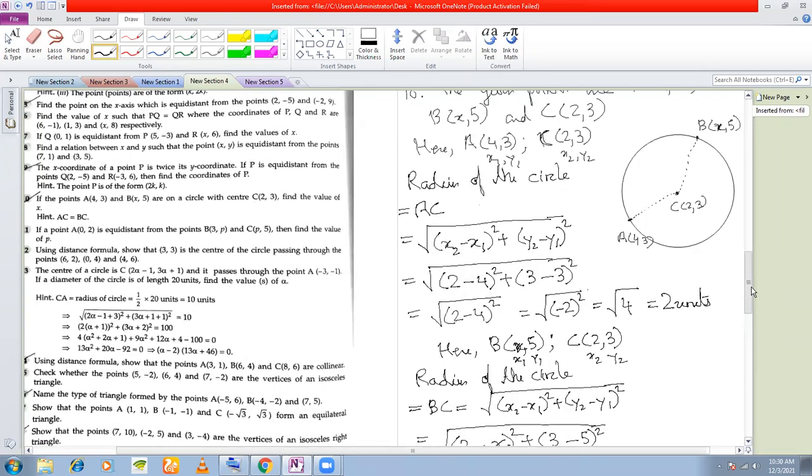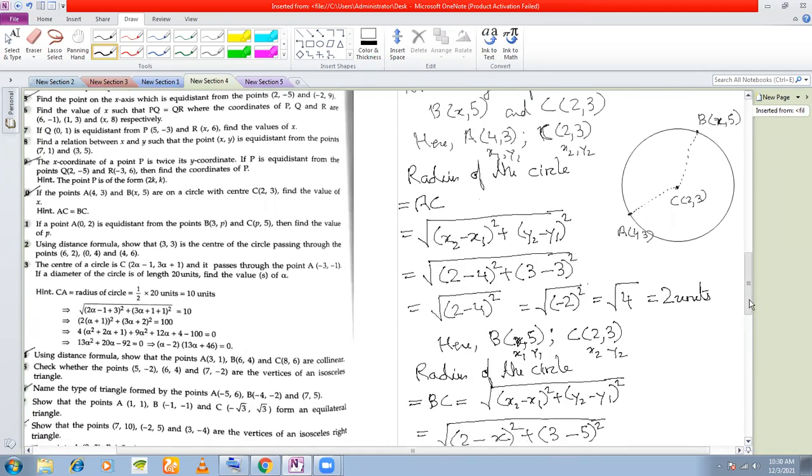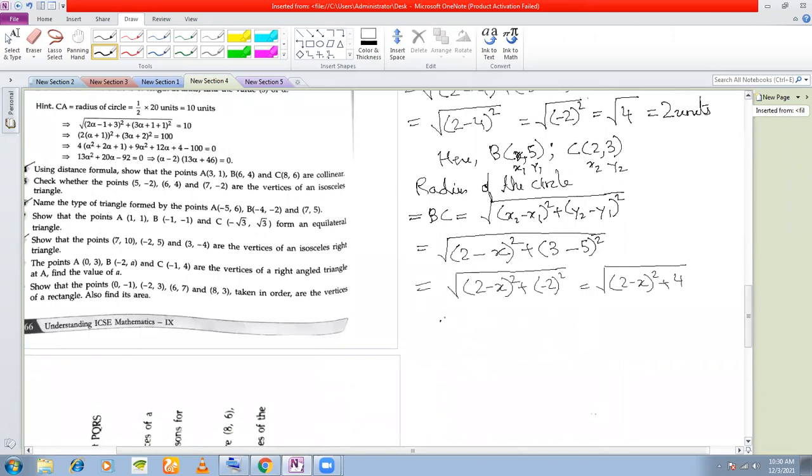Now both AC and BC are the radii of the circle, right? So since AC and BC are both radii of the same circle, AC must be equal to BC, right? Which implies, now write down the values.